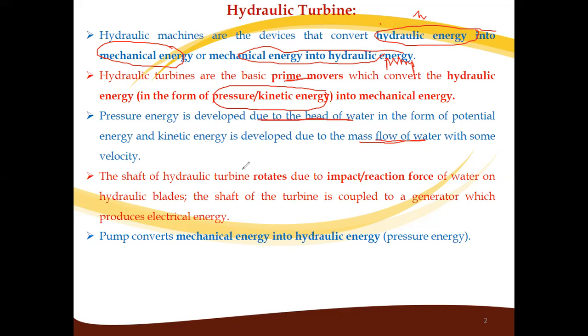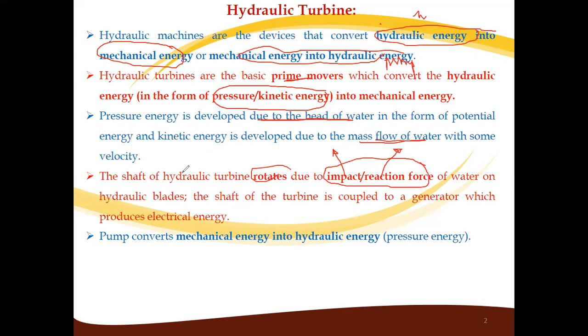Now, the shaft of turbine rotates due to either impact force or reaction force. If the impact force is there, that type of turbine is called as impulse turbine. And when there is a reaction force, then it is called as a reaction turbine. So the shaft of hydraulic turbine rotates due to either impact force or reaction force of water on hydraulic blades.